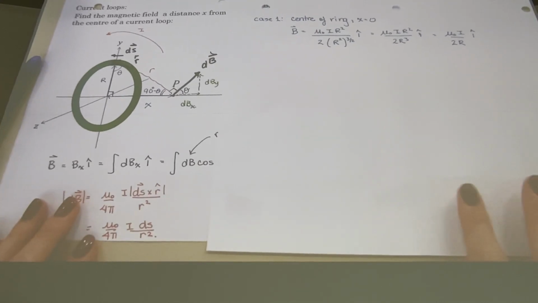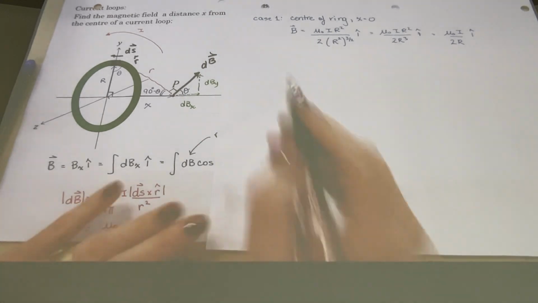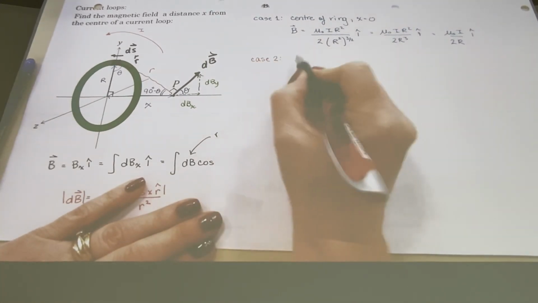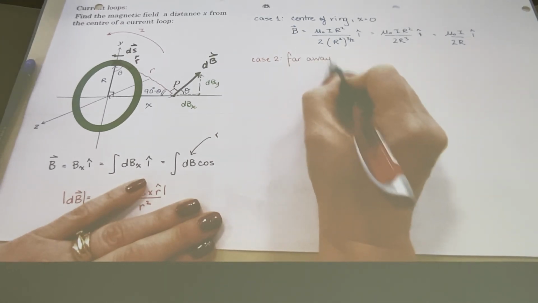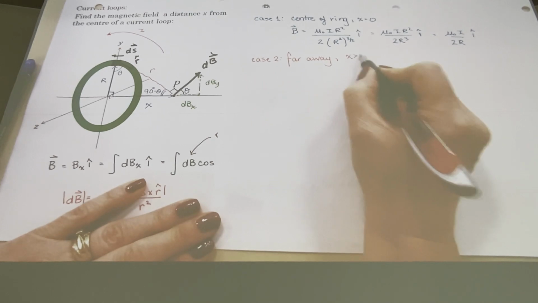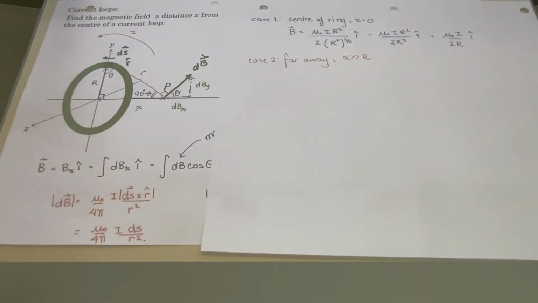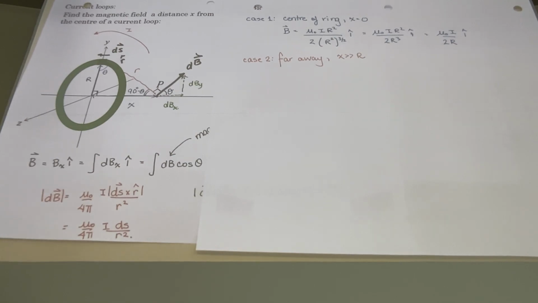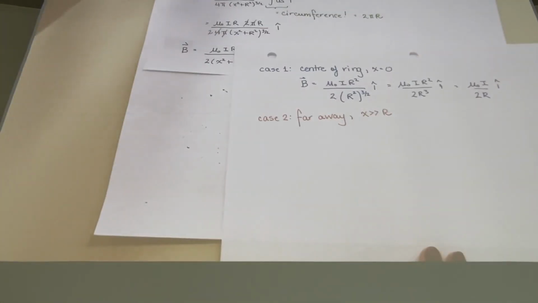Case 2 is what do we get if x equals a big number? We'll say far away, and what we mean by far away is x is a good bit bigger than the radius of the circle. So that's our definition of far away. If x is a fair bit bigger than r, let's see, we need our equation back.